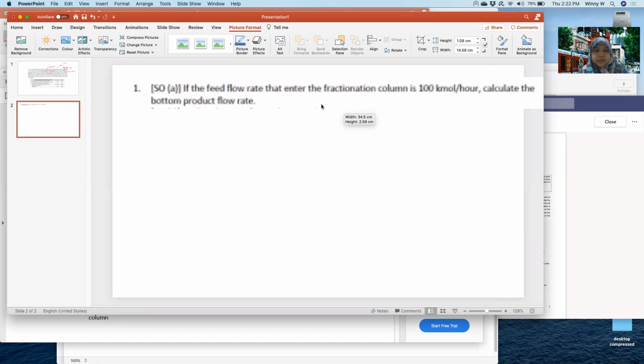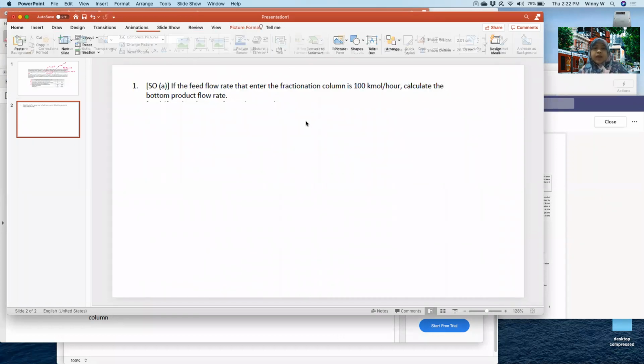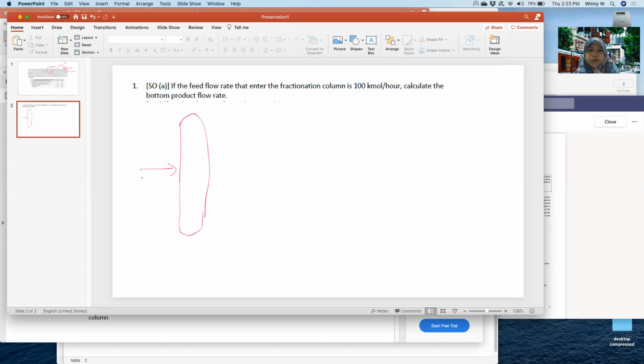Okay, so if the feed flow rate enters at this value, calculate the bottom product flow rate. Now, how are you going to solve this one? Any idea? I would start by sketching.